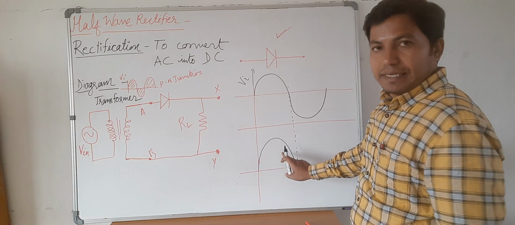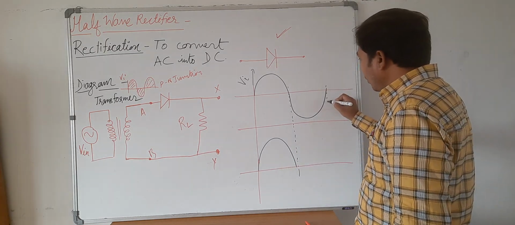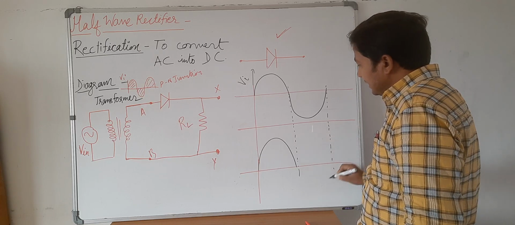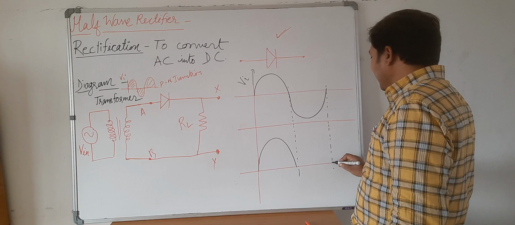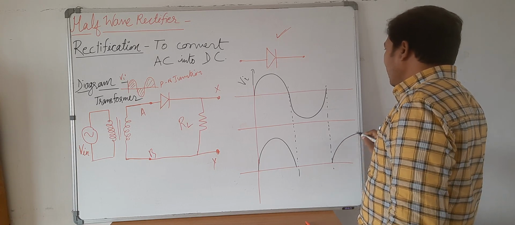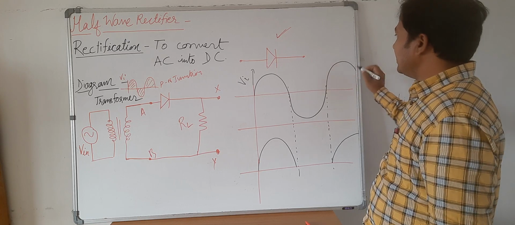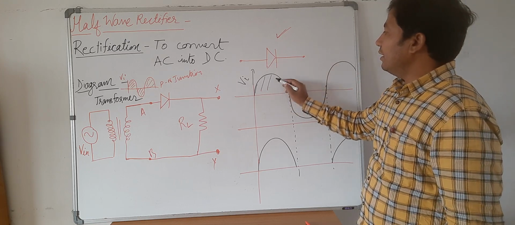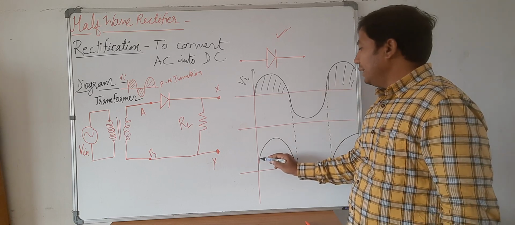So first half cycle में ये current को allow करेगा, and for second half cycle it stops the current, and for again next positive half cycle it allows the current. Here the input voltage will be in forward biasing, so it allows only in forward biasing.